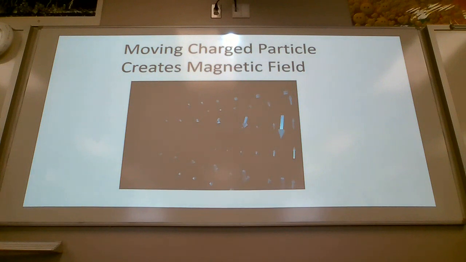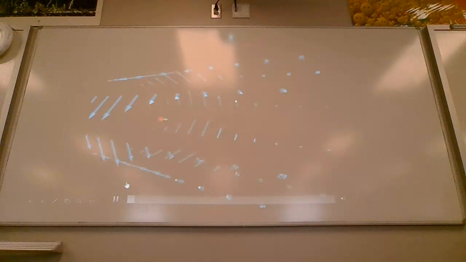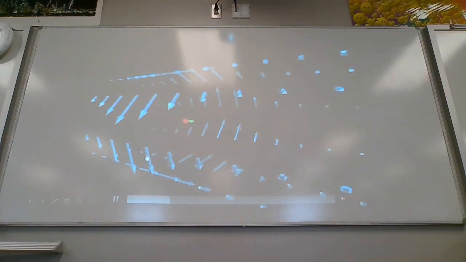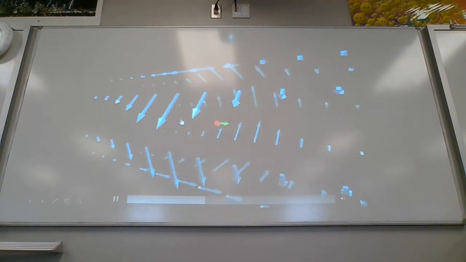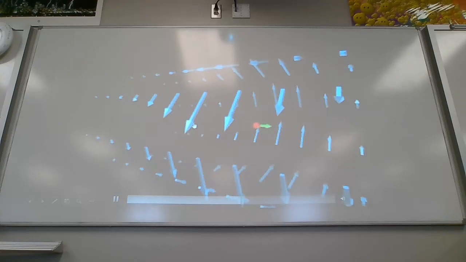So as it goes through space, this creates a magnetic field. As it gets closer, the field gets stronger. As it's further away, it's weaker.